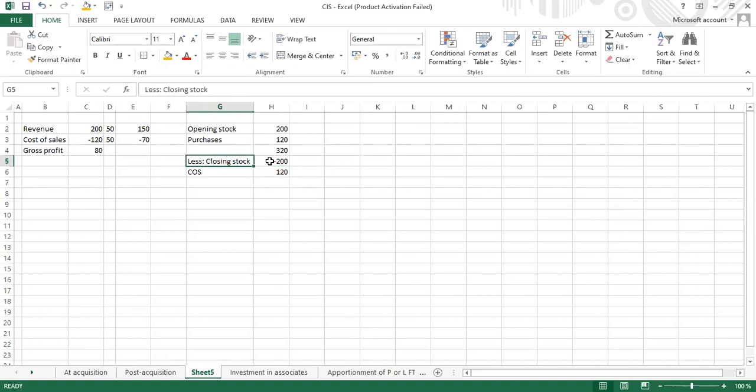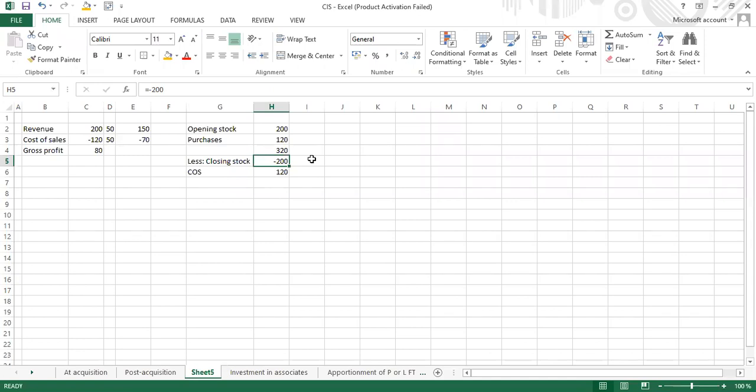There is also an unrealized profit element inside this closing stock here. What you adjusted is just sales value. So inside here, there's still an unrealized profit element that is within the group that must also be removed from the closing stock. Remember, under IAS 2, inventory should be measured at the lower of cost and net realizable value.